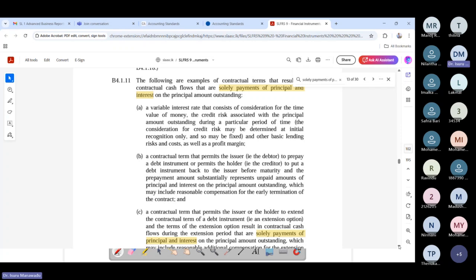So there is a payment. If there is a substantial payment on early settlement, sometimes you have seen the bank charging a penalty, right? If they are charging like that, that is because of the time value of money.